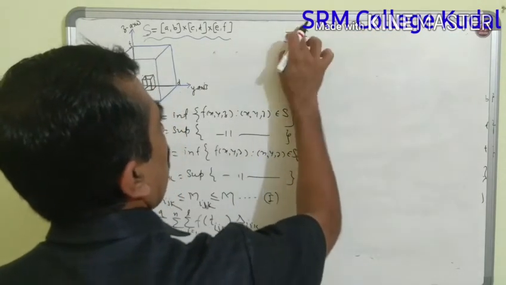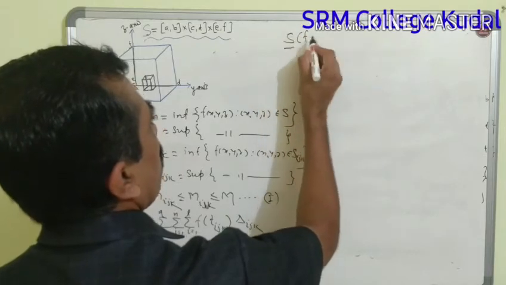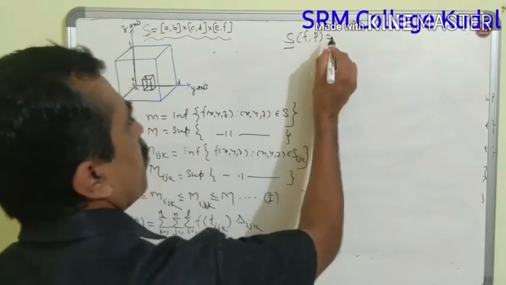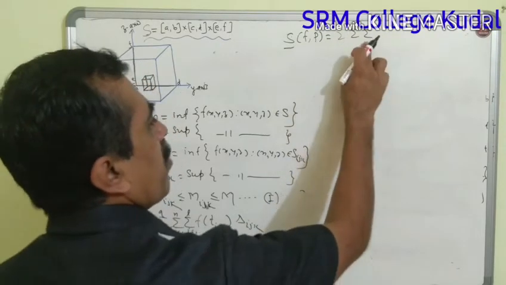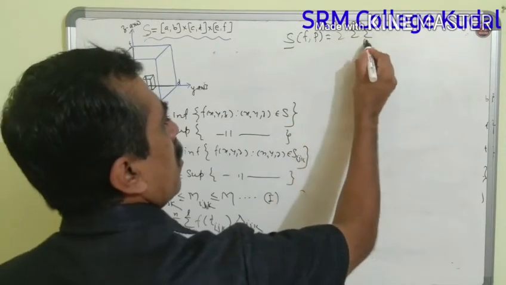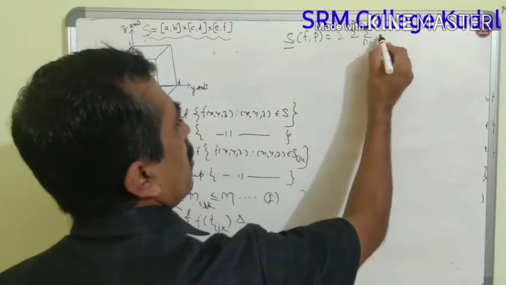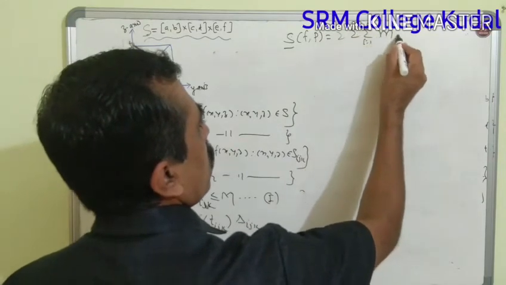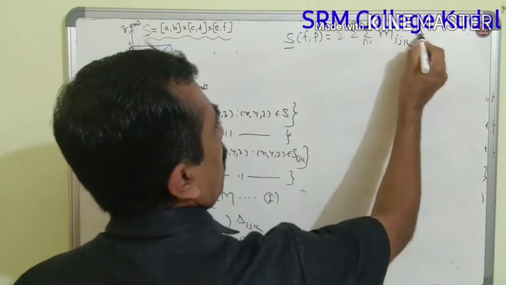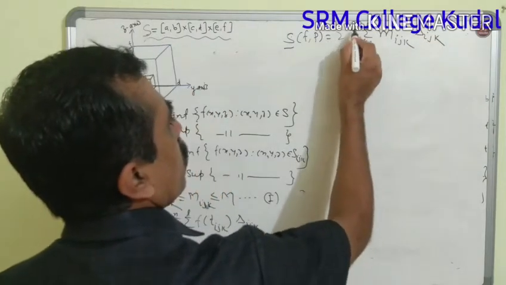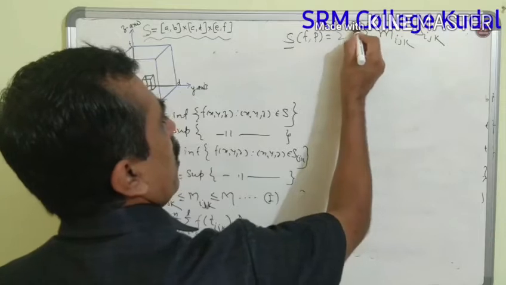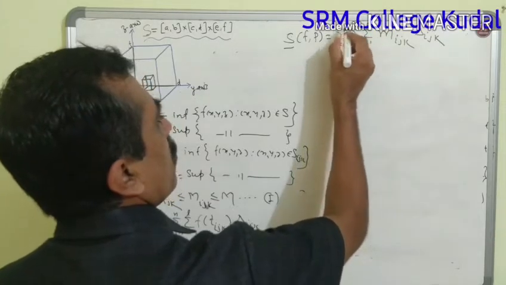First of all, I will define the Riemann lower sum. So L(f, P) is a triple summation. I will not write every time i equal to 1 to l, but you may write. So small mijk delta Vijk, where j runs from 1 to n, and k runs from 1 to q.